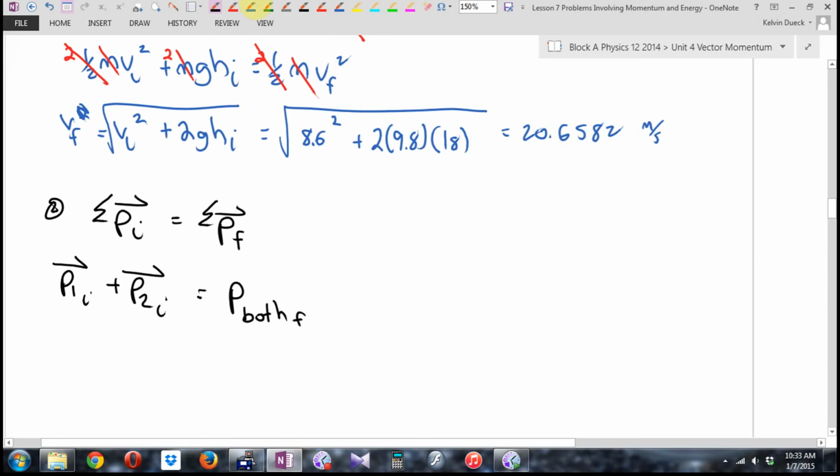So this is going to be mass 1 V1 initial plus mass 2 V2 initial equals M1 plus M2 V final. And what I'm trying to find is V final, after the collision.